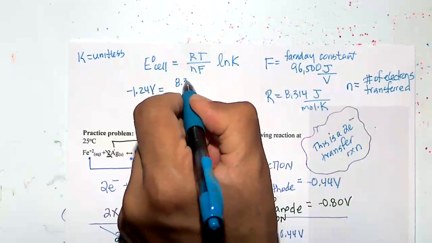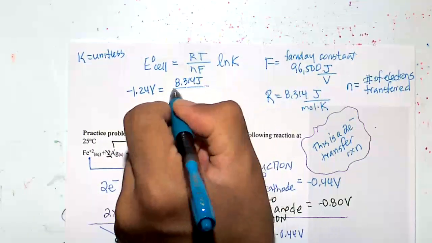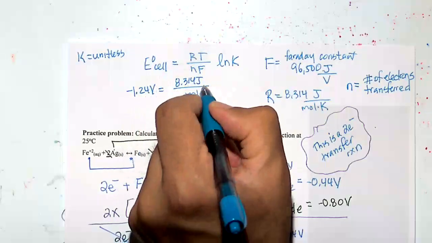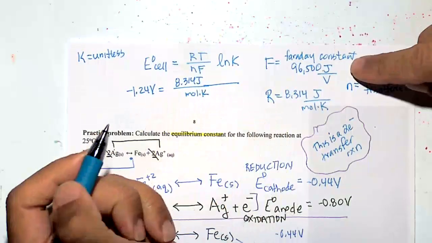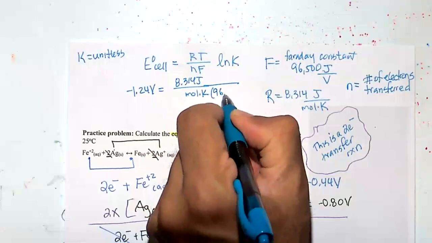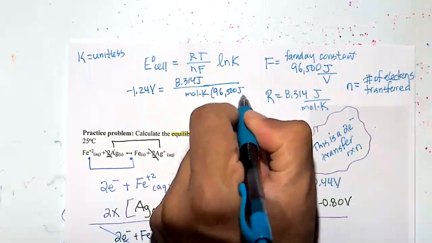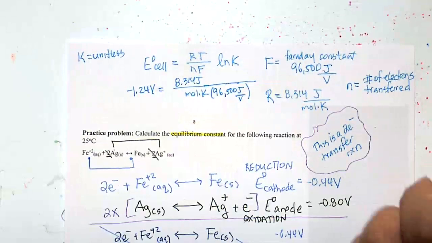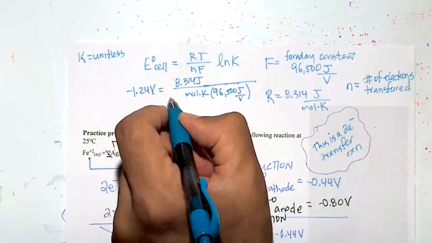R is 8.314 joules over mole Kelvin. We don't have to bother about units. F is, what is F? 96,500 joules over volts. What is n in this particular problem? n is 2.